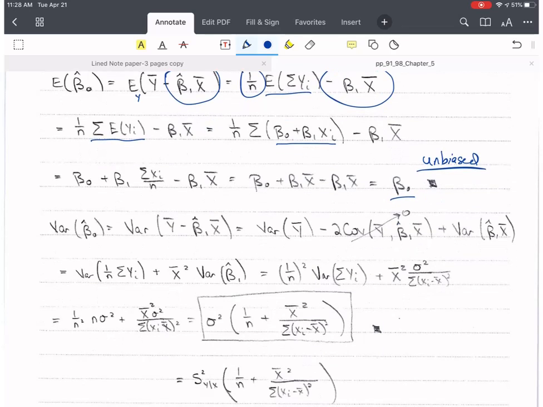Then we have the variance of beta naught. So we take the variance of this, and again, it's with respect to y because x is a constant. So this is a constant, and so this becomes 0. And the covariance of a constant with a variable is 0 as well.